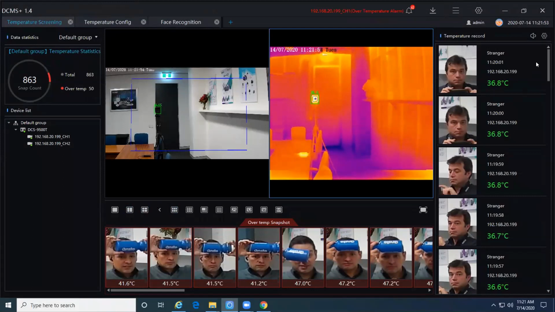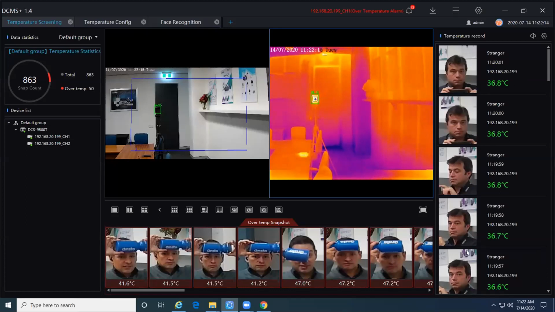And if a person is measured, so there's Phil here on the right with his temperature taken. And if someone is over the set threshold, you will see that person captured here, and they will be registered as over temp.